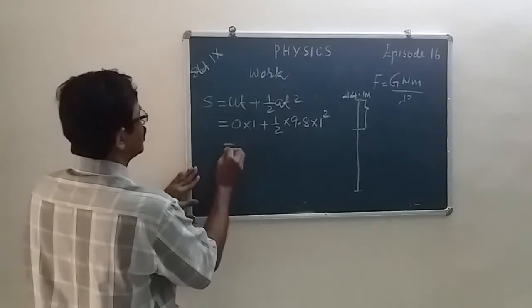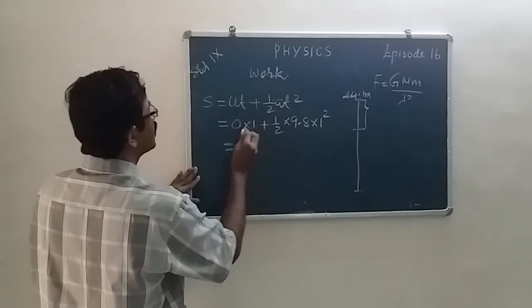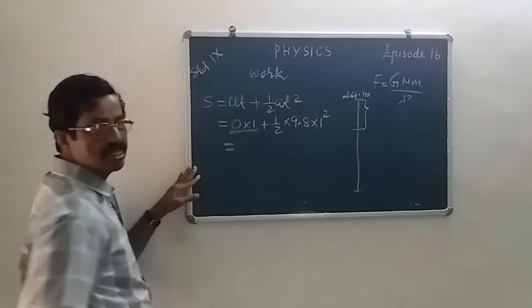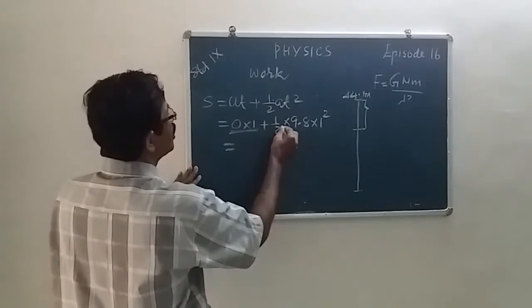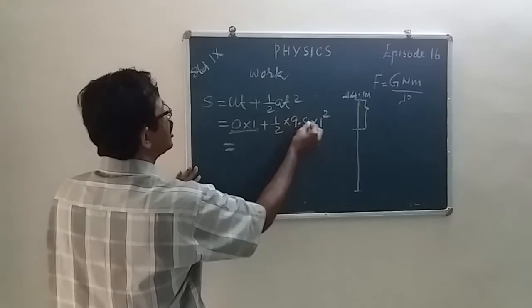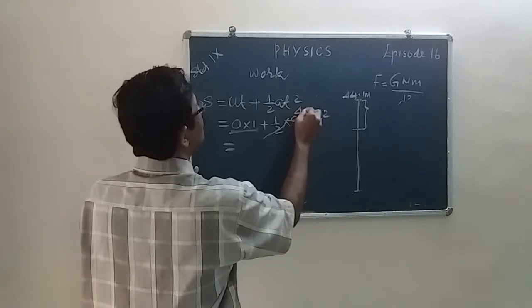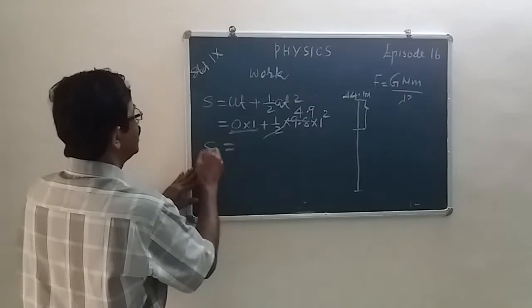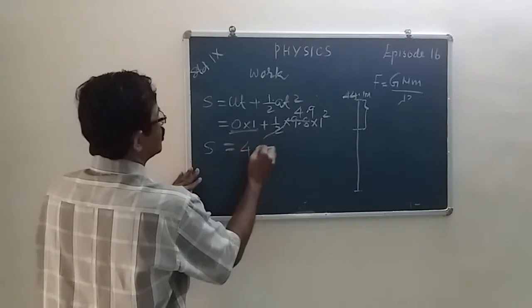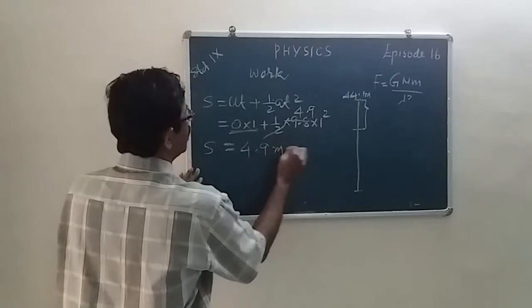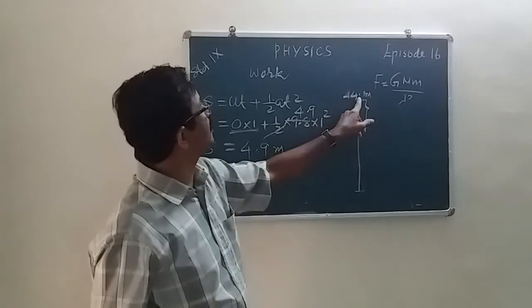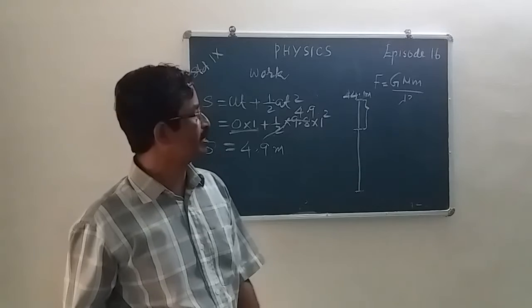This term we need not take again. Here 1 square is 1. That is 4.9. This travels a distance of 4.9 meter.